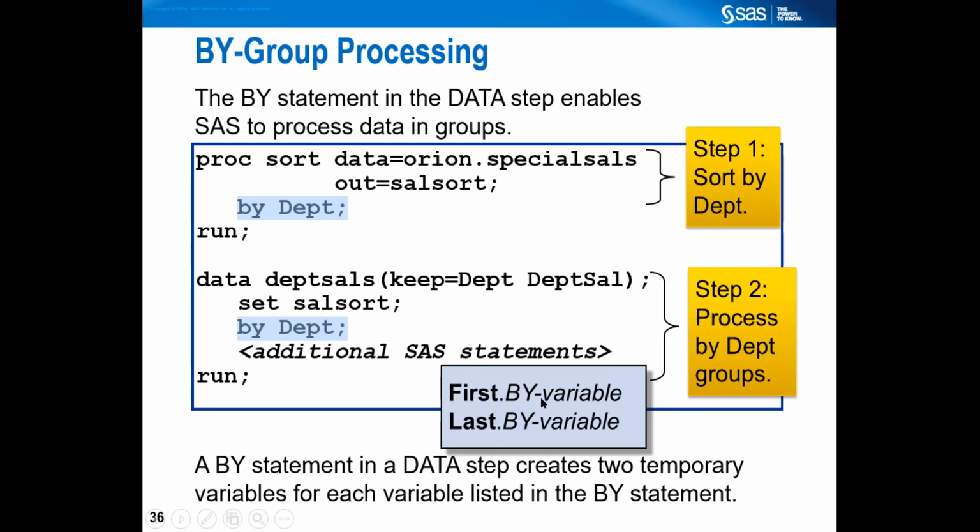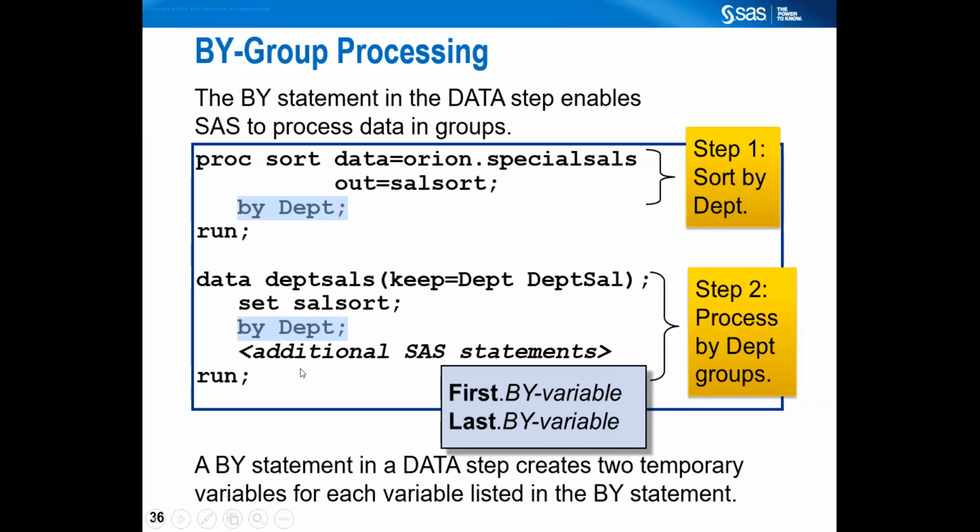The by variable means the variable which you have written in your by statement. So it will be first dot department and last dot department. It's a default behavior of SAS that whenever we use a by statement in your data step, it always creates two temporary variables, first dot department and last dot department.